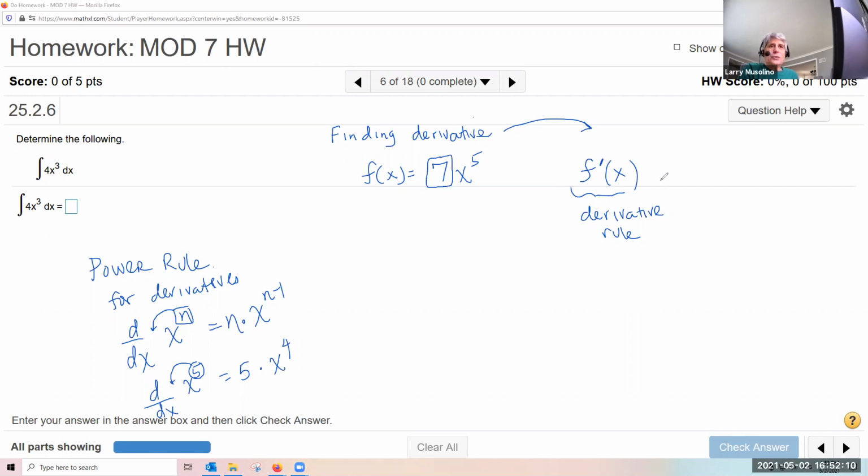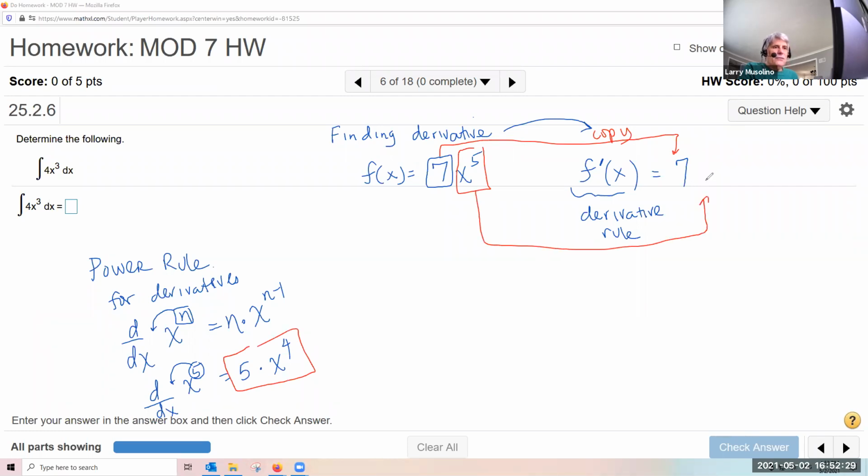When you're taking a derivative, if you have a constant in front of x like this, you just bring that constant with you. So I'm just copying the 7. Now I'm going to take the derivative of x to the 5 using this power rule, which got us 5x to the 4. And of course, I might multiply this out to give me 35x to the 4. So that was the derivative function.